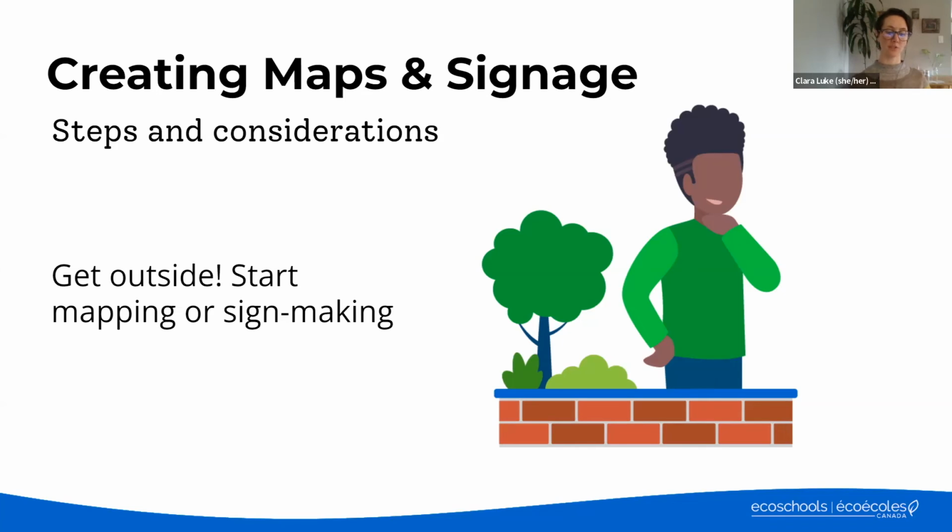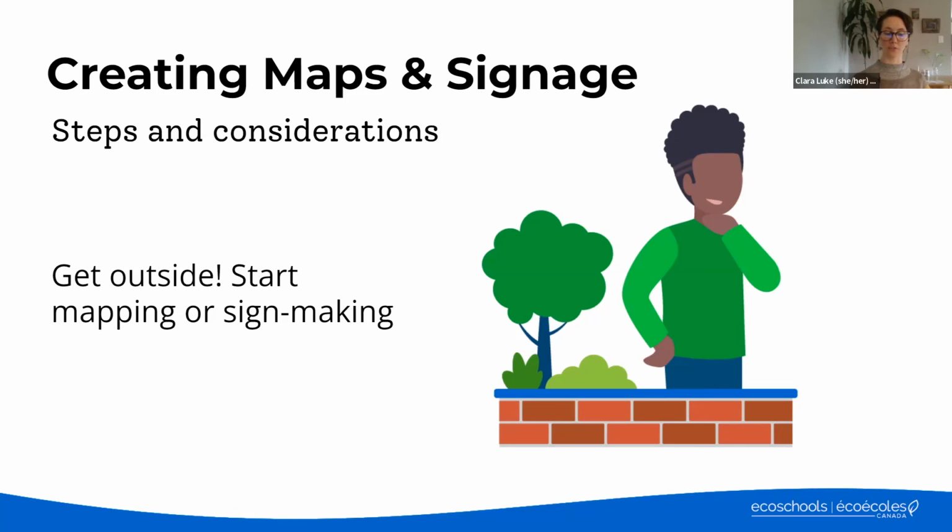And students can then record the location of field observations on their blank mapping template, as well as through taking notes, photos, or videos along with your geographic information to create that rich and detailed map. And then for signage, you can encourage students to take as many notes and details of their observations as possible so that they can properly identify their observations afterwards when they're back in the classroom.